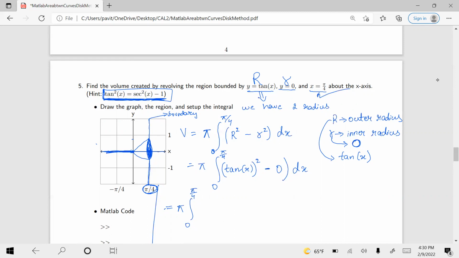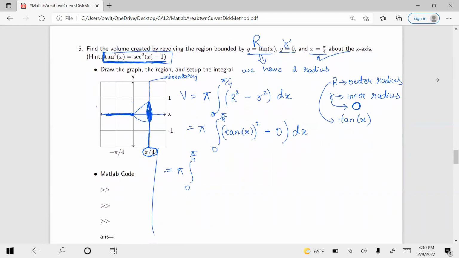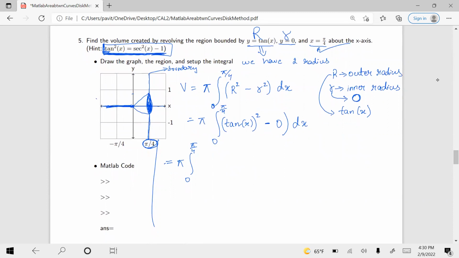So we are going to use the identity and then simplify the integration. Using this identity, I have a formula for tan x the whole square, that is secant square x minus 1, into dx. I will not write this 0 because you don't have to do that.